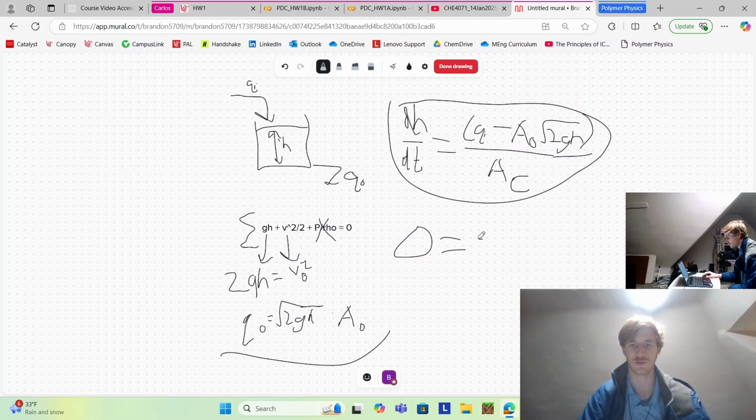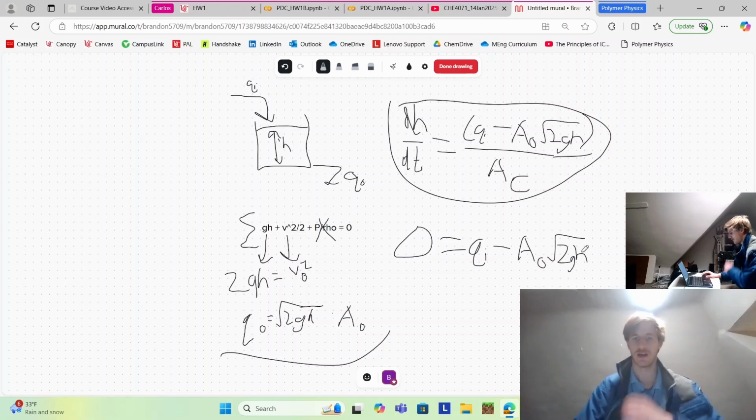So 0 equals Q in minus A out multiplied by the square root of 2GH. Immediately we can take out this cross-sectional area term because we just multiply by both sides, and 0 times any number is 0.